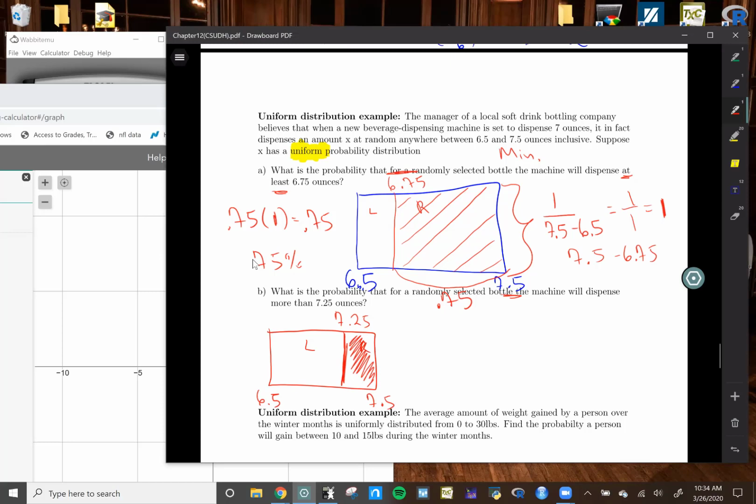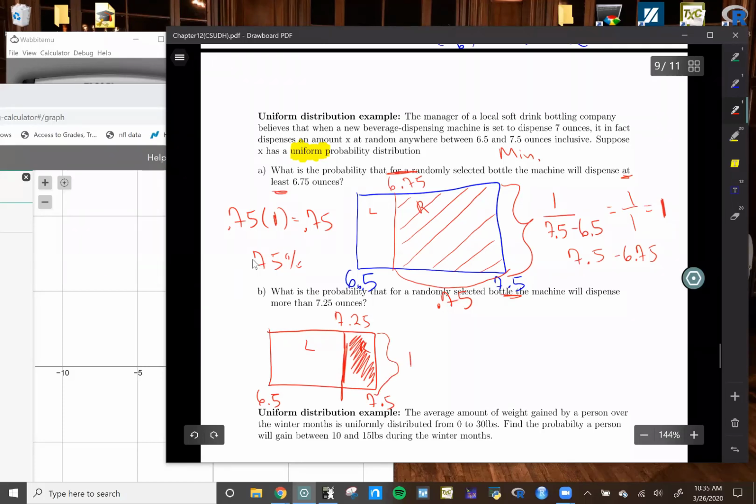Yes. Okay. So from 7.25 all the way to 7.5, what's the distance between 7.25 and 7.5? If you want, you can type it in to the chat. Cool. Thank you, Karen.